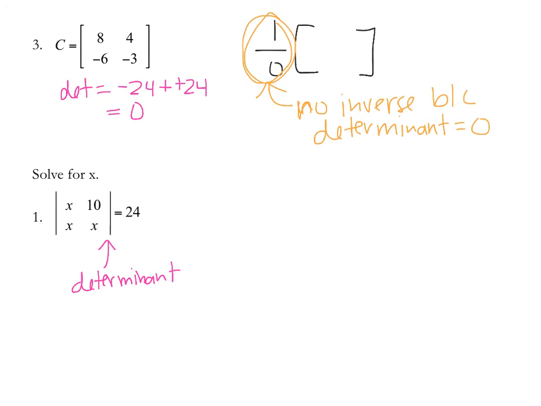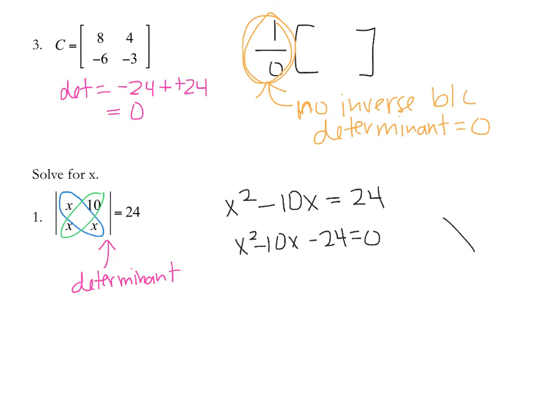So the first thing we have to do is set this up, finding the determinant. So we would do the first diagonal, which is x times x, you get x squared, minus, make sure you get the signs right here, the second diagonal is 10x, and then that would equal 24. So then this just sets up an algebra equation for you to solve. The next step should be to subtract the 24 to the other side. And then we're factoring.